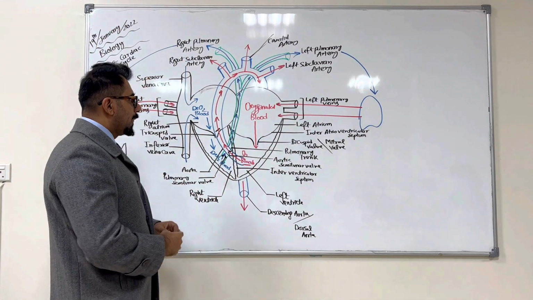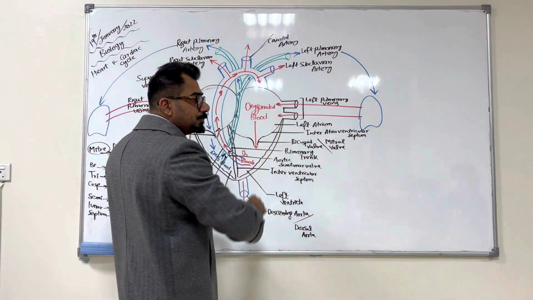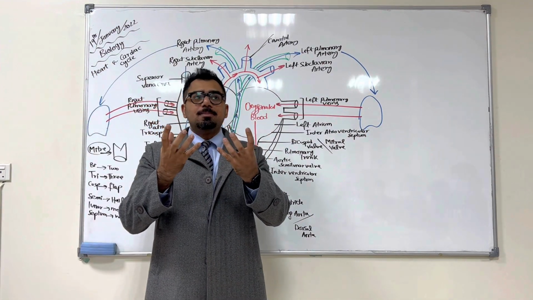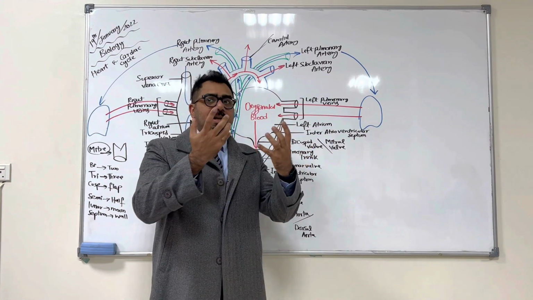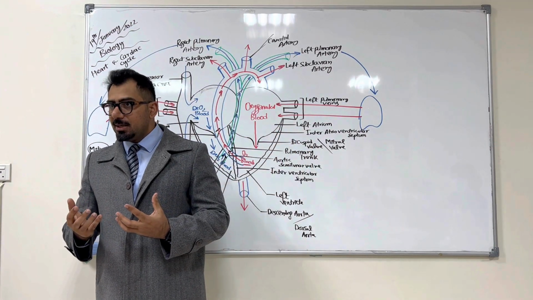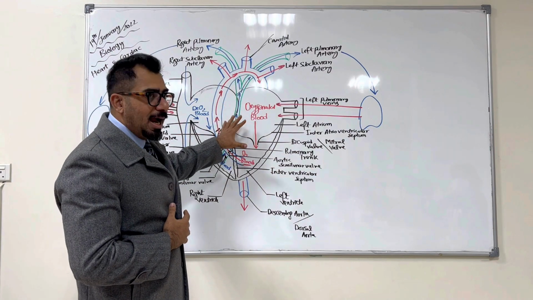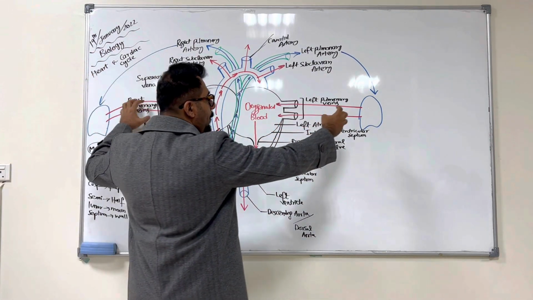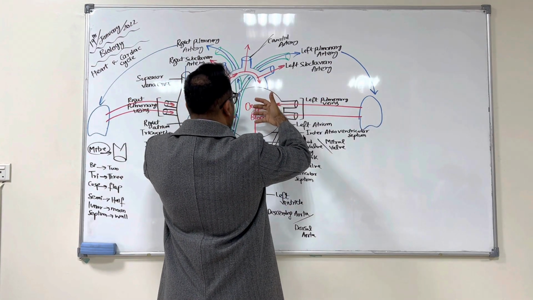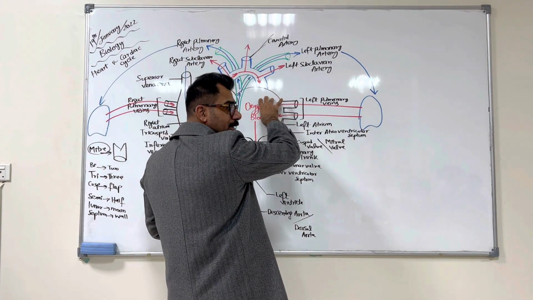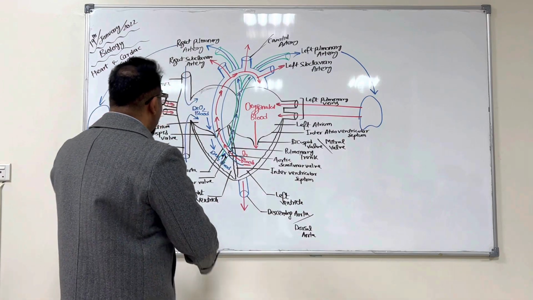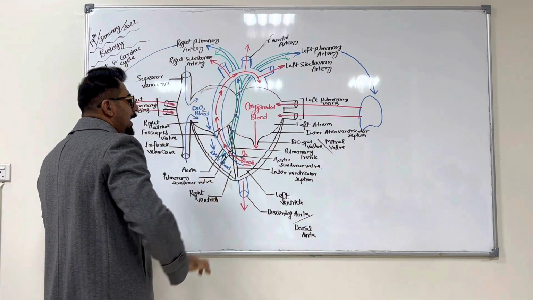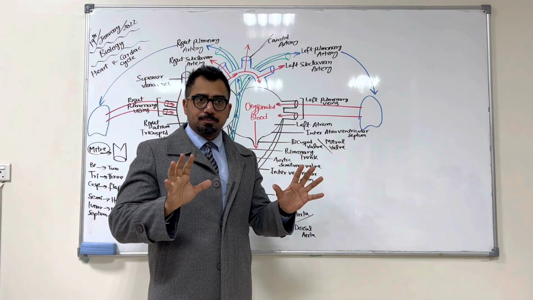Now look here, both atria will receive the blood at the same time. Understand? Right now when I was explaining, I was explaining step by step. But actually, from both lungs the blood will come into the left atrium, and from the whole body the blood will come into the right atrium at the same time.